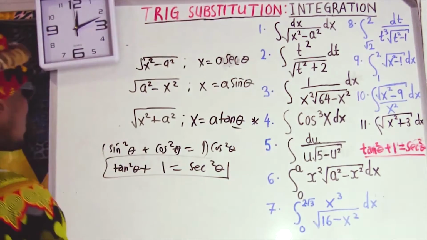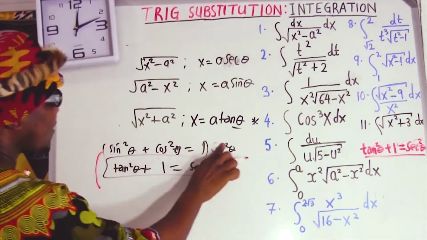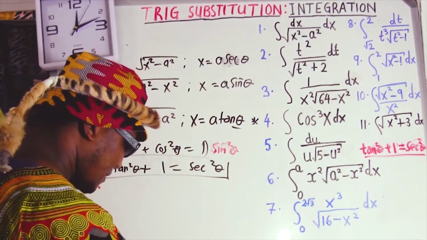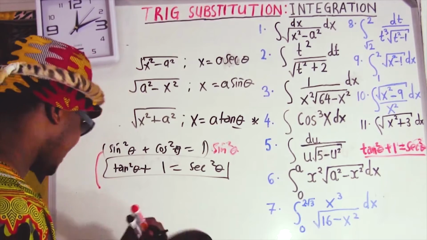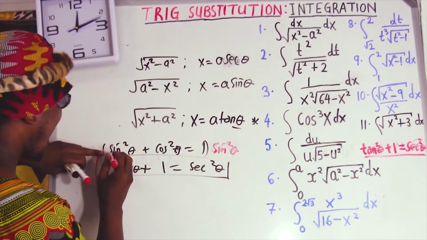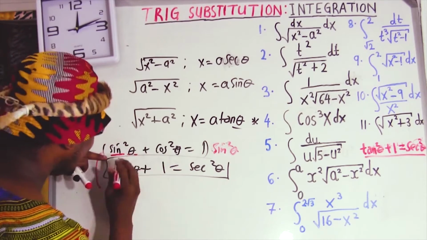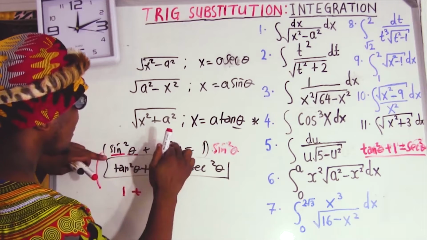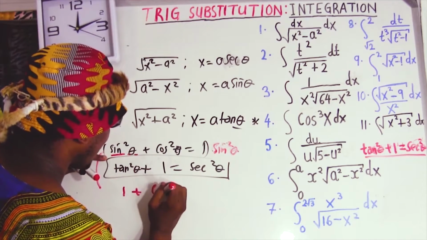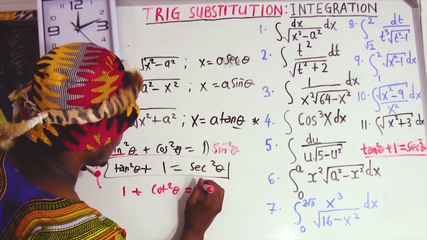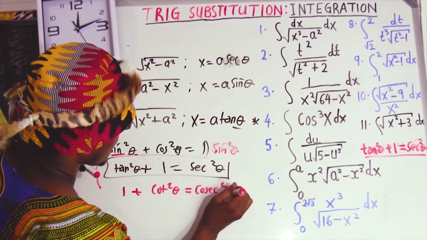Also, I can divide by sine squared throughout. If you divide the key identity by sine squared, it's going to give you 1 plus cos squared divided by sine squared, which gives cot squared. And 1 divided by sine squared gives cosec squared.